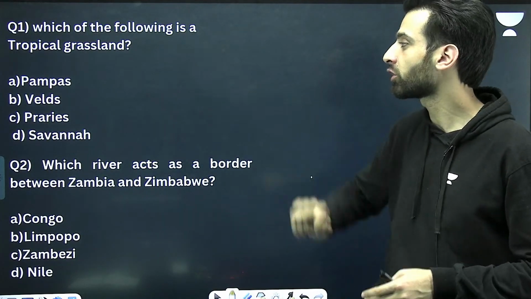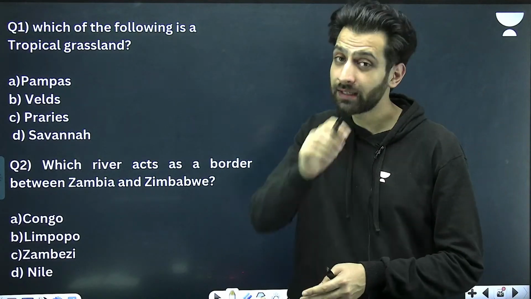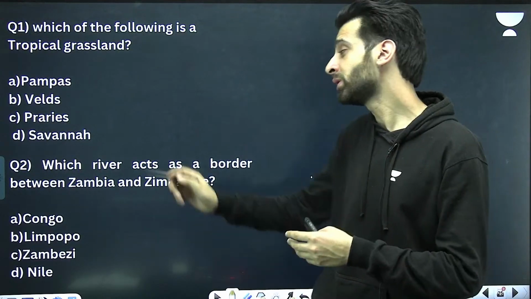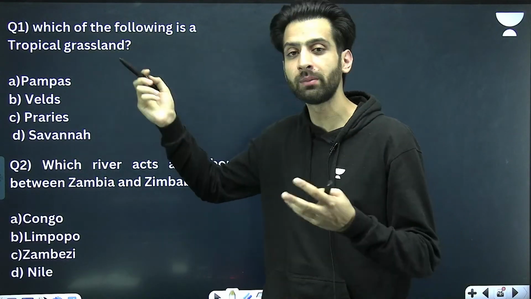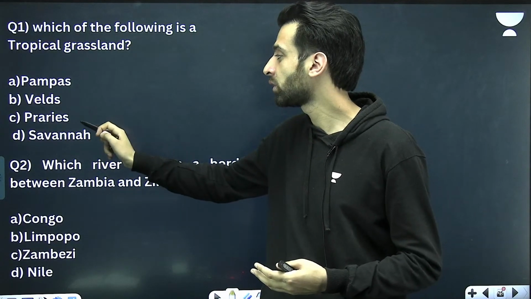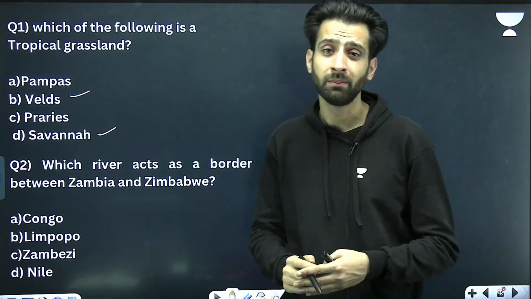Which of the following is a tropical grassland? I just mentioned it. Tropical grassland lies between the Tropic of Cancer and the Tropic of Capricorn. Now, you might say, sir, we don't know about the pampas. I didn't teach about the pampas and the velds. I talk about where, these two. So how can you guess about the others? But this is very honest.